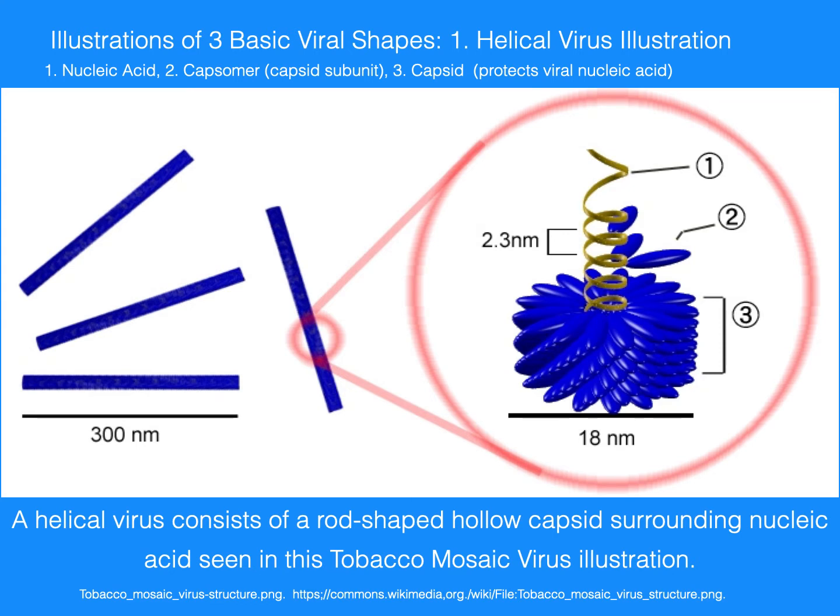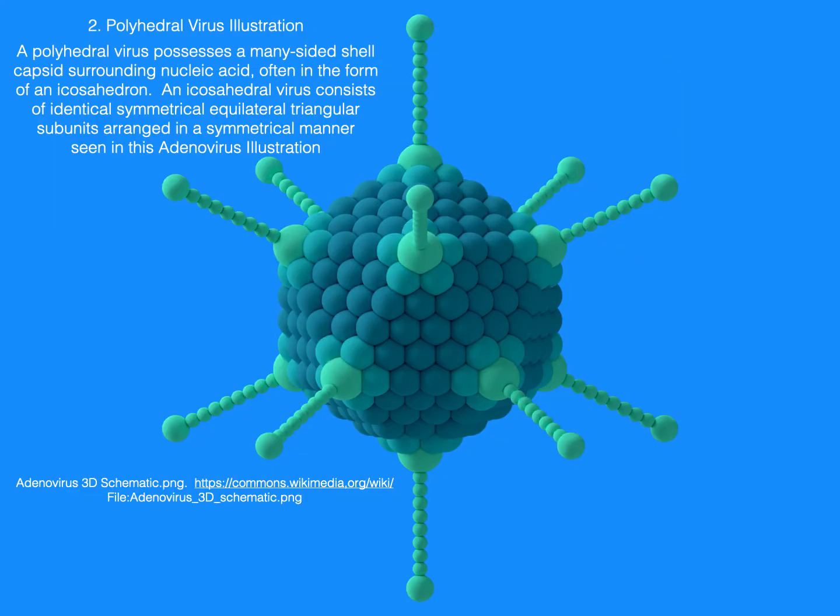Illustrations of three basic viral shapes. 1. Helical virus illustration. A helical virus consists of a rod-shaped hollow capsid surrounding nucleic acid, seen in this tobacco mosaic virus illustration. 2.